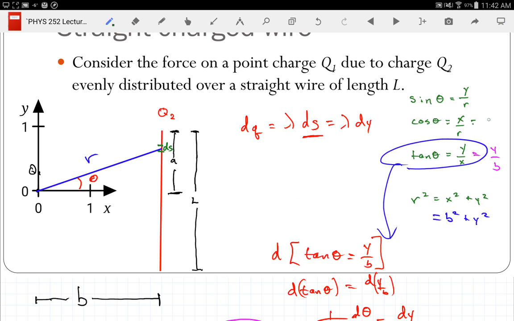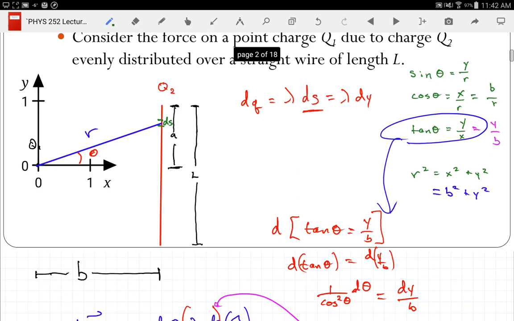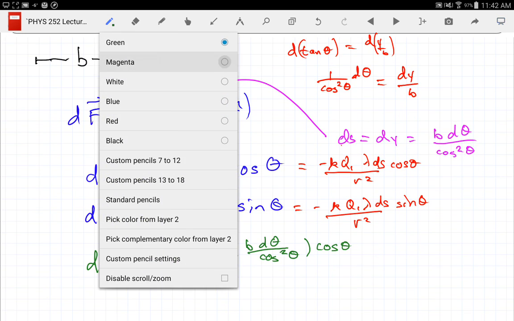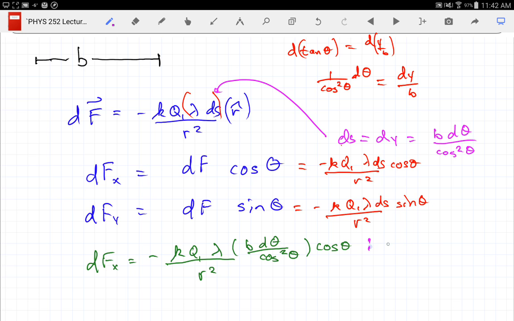Now remember, x was a constant here, which I'm calling b. And so using this relationship, what is r? So I'll substitute that in.